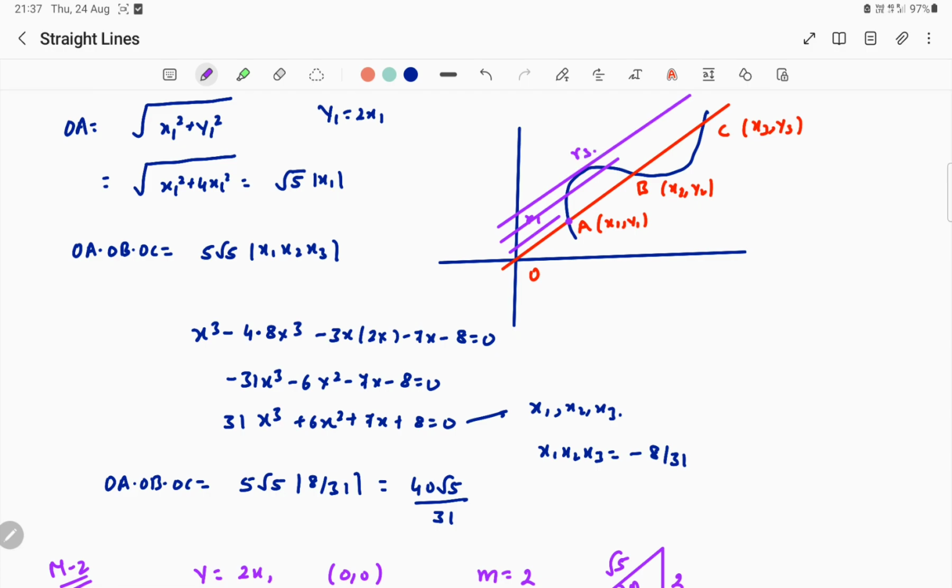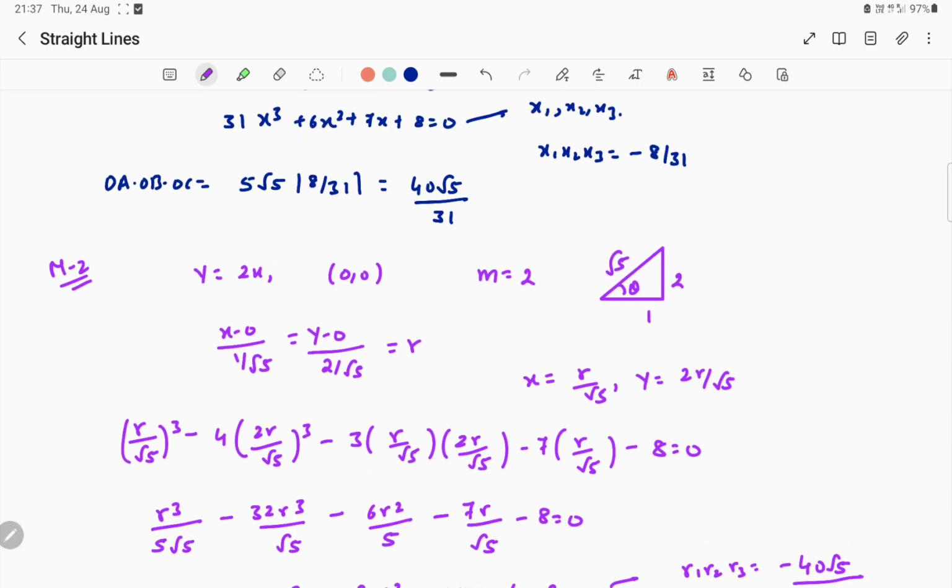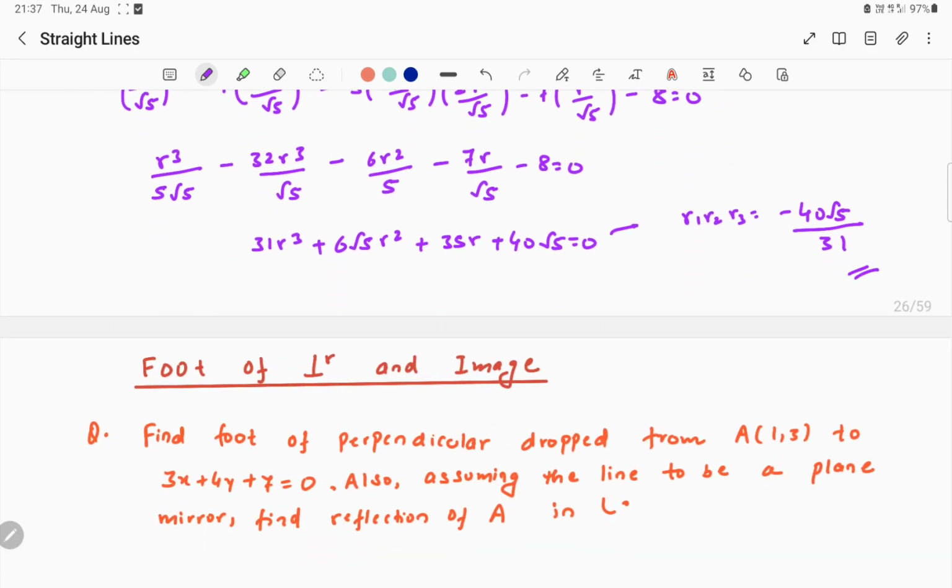So you want r1 into r2 into r3. For this cubic equation, r1 r2 r3 is minus d by a, so it is minus 40 root 5 by 31. When you take modulus, minus will not come. So you can see here also we got the answer 40 root 5 by 31. I hope it is clear.